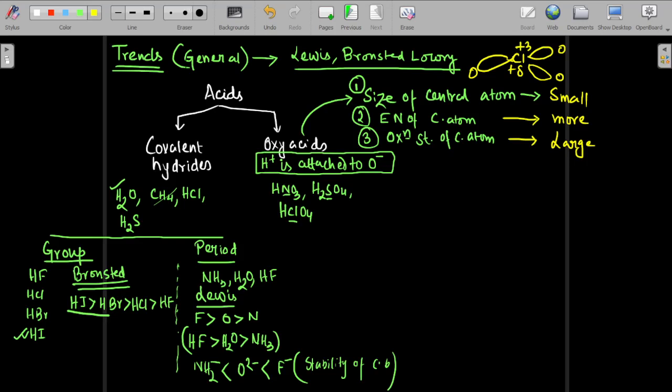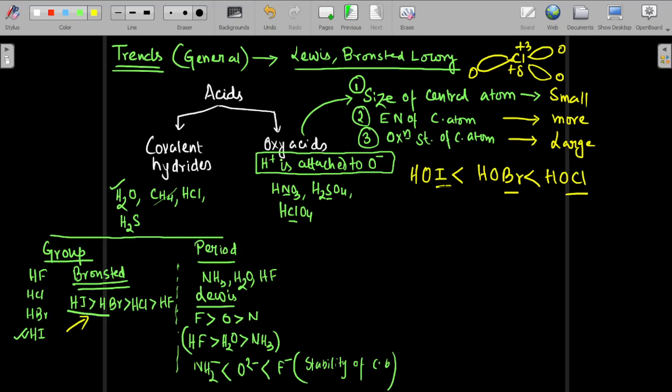If we just compare according to the first point, the best example is this: HOI is a worse acid than HOBr, which is worse than HOCl. Why? Because in this case, the only difference is the non-metallic atom, and they are oxyacids. If it were a hydroacid, we would have gone for the bond length concept, but it is an oxyacid.